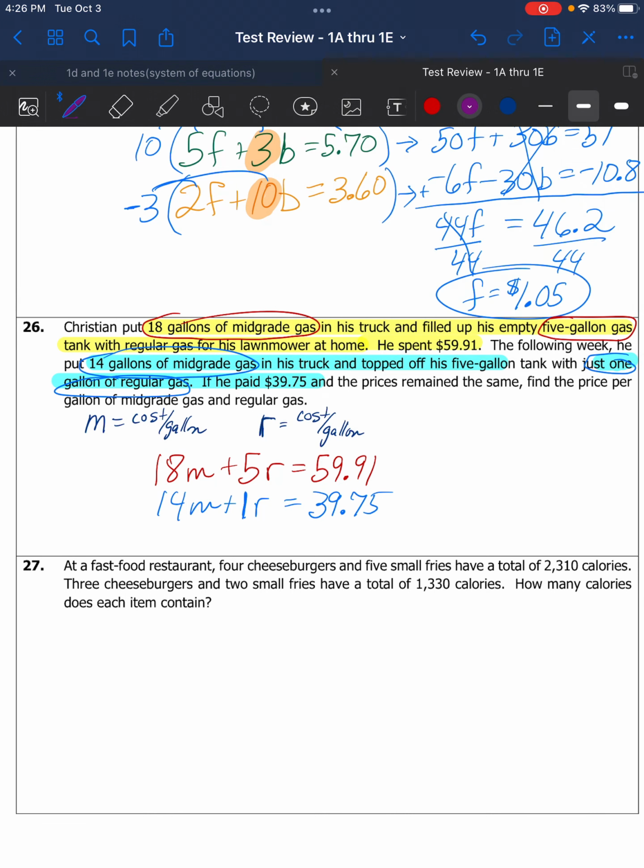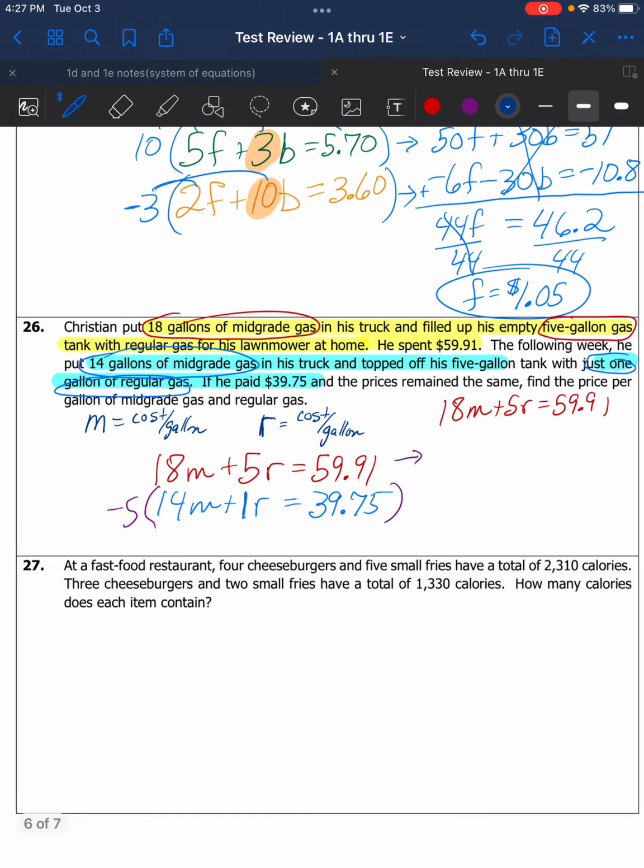It is set up for elimination. Again, all of our variables are lined up, equal signs and the constants are lined up. I'm going to multiply the bottom by -5 to eliminate the R's, because that'll be a 5 and -5. So I'm going to rewrite both. 18M plus 5R equals 59.91.